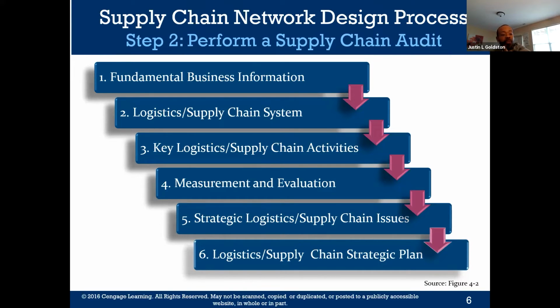And I think the most important thing is number 5, which is: what are the strategic issues? Because we have to attempt to address every single one of those issues. And again, now we're talking about supply chain, but I know every single one of you is not in the supply chain discipline.